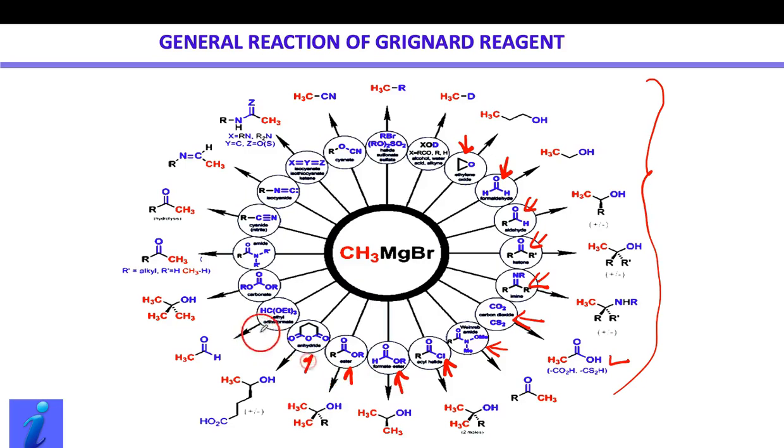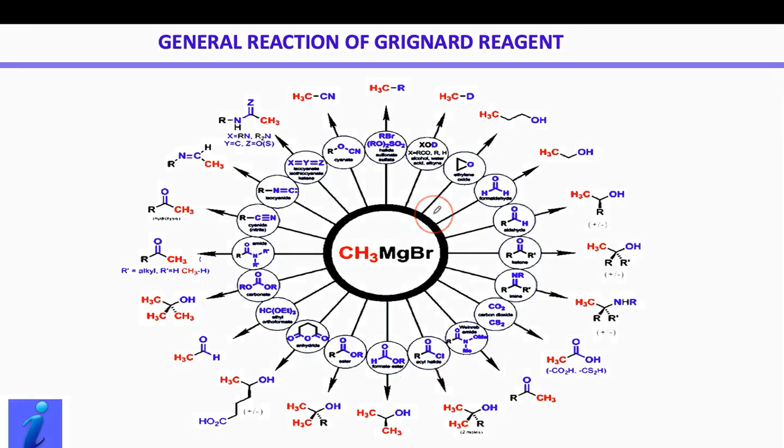So you can see this and take a screenshot. In this case, I have taken almost all possible functional group reactions with Grignard reagent and what products are formed. You can write down the mechanism of each and every reaction.